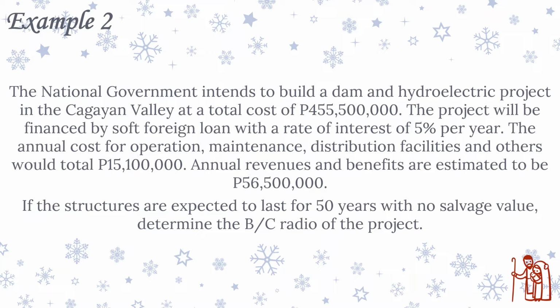The annual cost for operation, maintenance, distribution facilities, and others would total 15.1 million. Annual revenues and benefits are estimated to be 56.5 million. If the structures are expected to last for 50 years with no salvage value, determine the benefit cost ratio of the project. Okay?